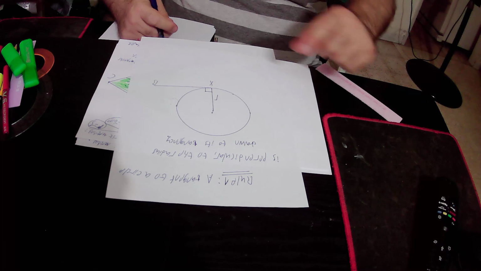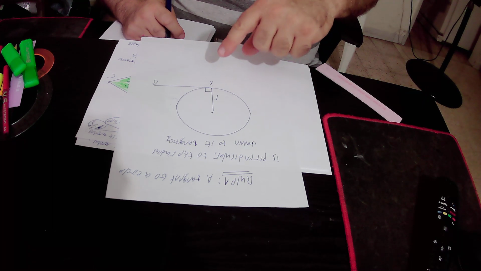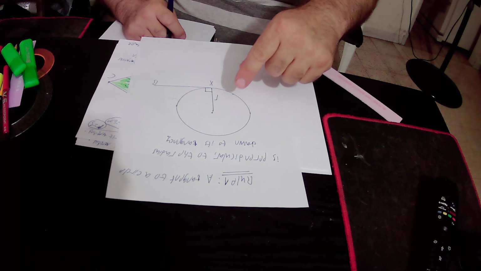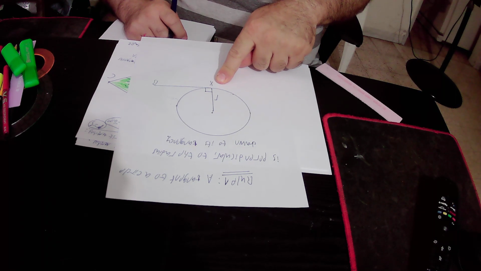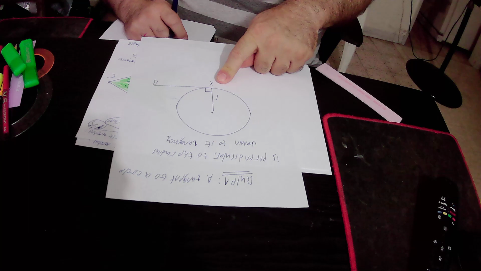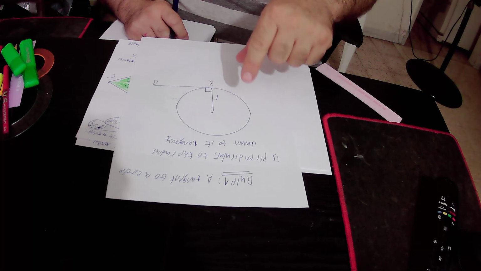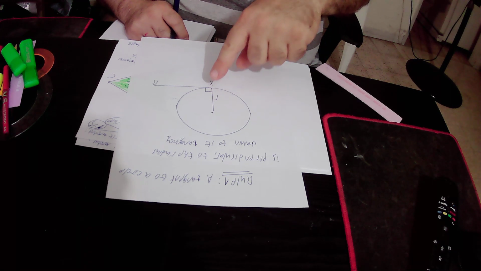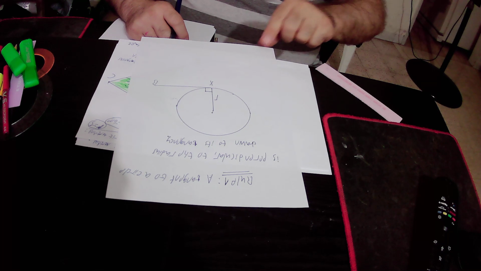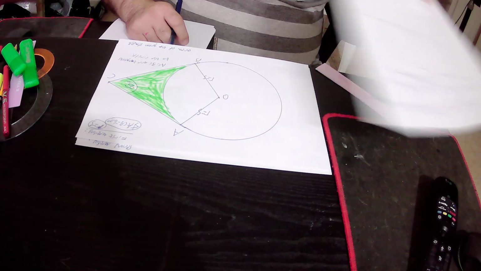So whenever you have a tangent and a radius drawn to the point of tangency, the tangent will be perpendicular to the radius, and this angle will be equal to 90 degrees.